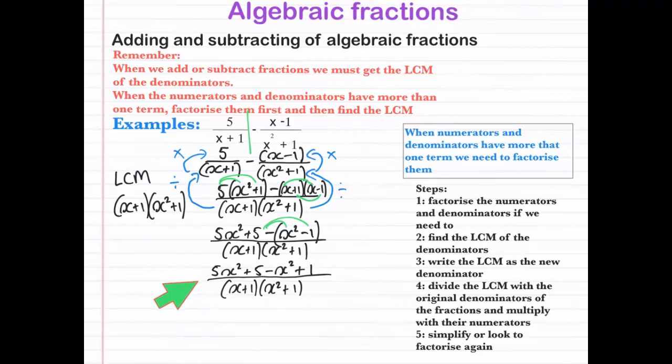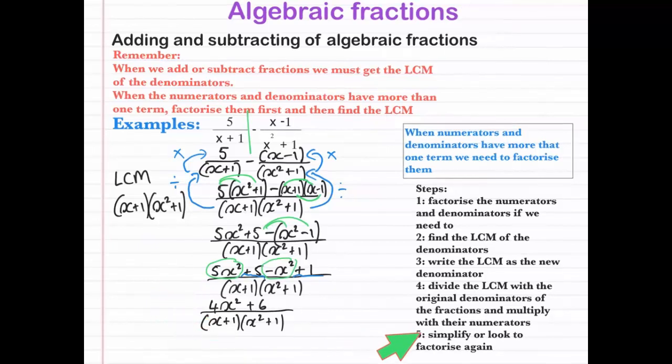And let's simplify here because now I have 5x squared, another like term which is minus x squared, which leaves me with 4x squared, and a plus 5 which is here. The plus 5 and plus 1 gives me a plus 6, and we leave the denominator as the LCM. There we go, x squared plus 1.